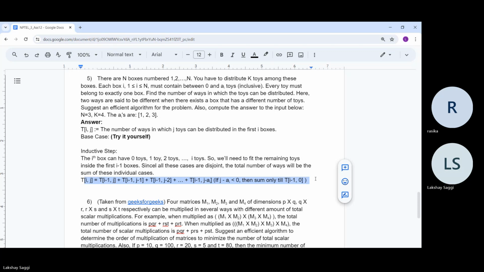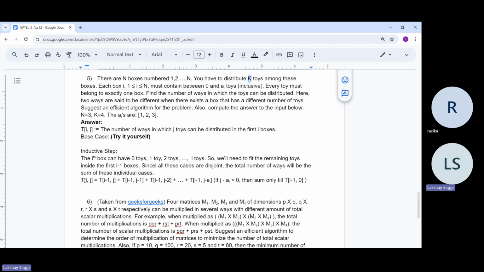So in this manner, it's not too difficult to see how long this algorithm will take. i can go from 1 to capital N because there are n boxes in total, and j can go from 0 to capital K because we are distributing K toys.